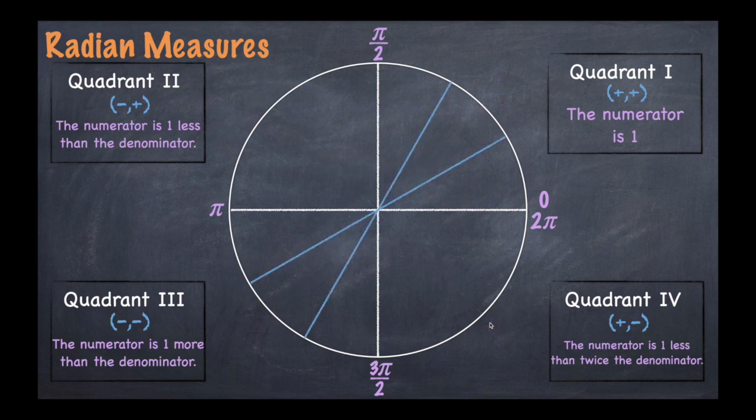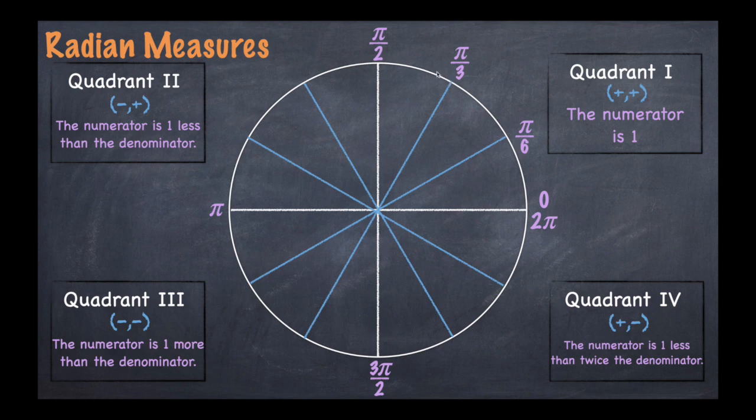Now from there, we're going to break it down a little differently. Next, we'll break it down into sixths. When I start here again at 0, my first value is going to be pi over 6. When I move to my next position, I would be at 2 pi over 6, which actually reduces to pi over 3.